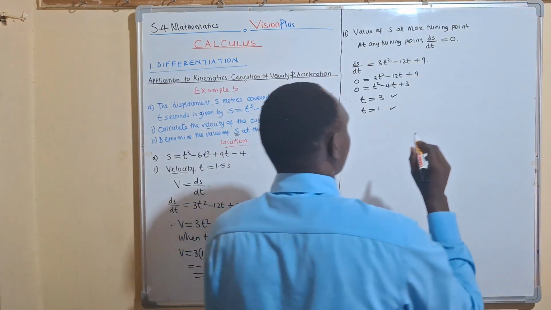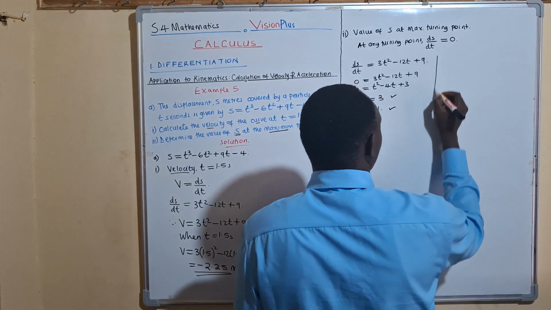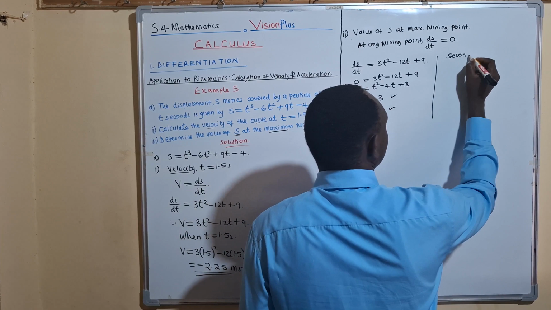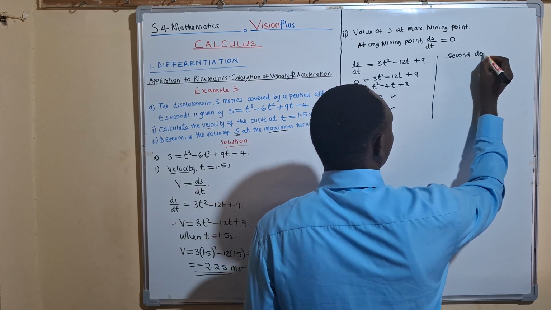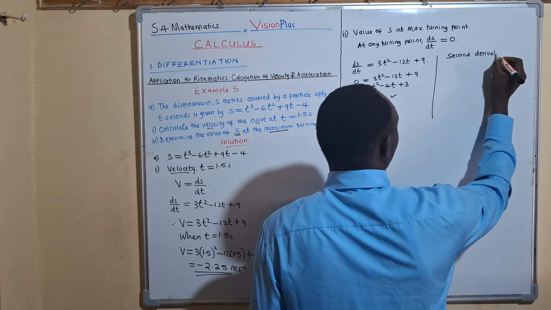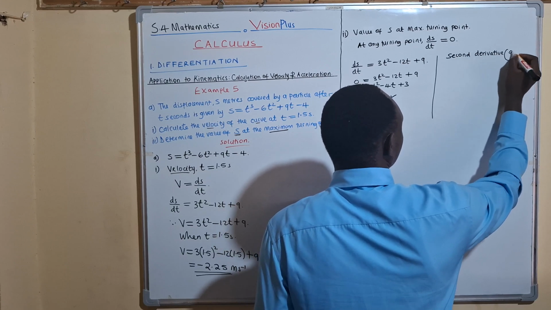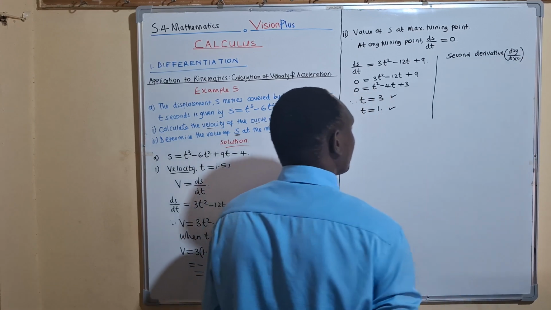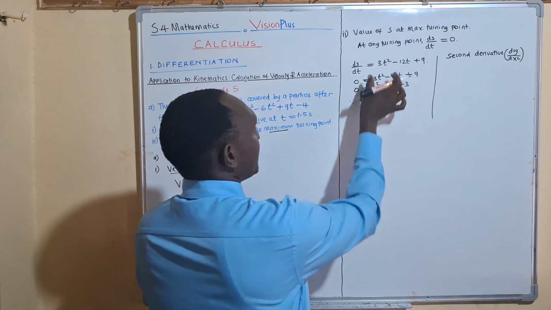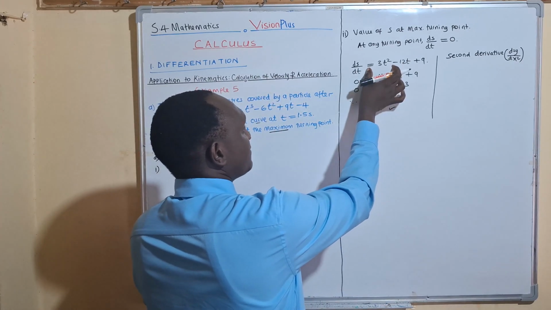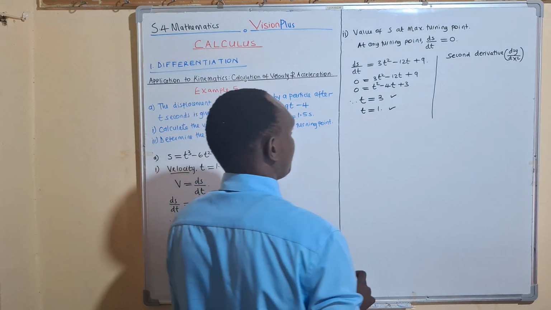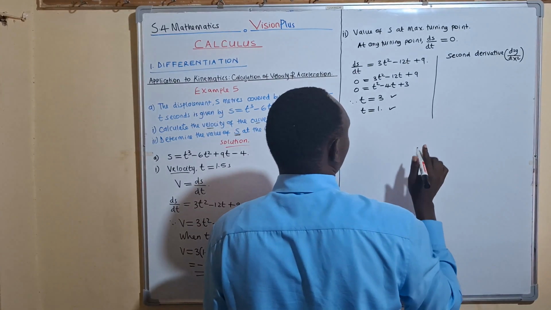To distinguish, we get the second derivative of the function or that motion. So we need to differentiate the gradient function of the curve or of the motion.